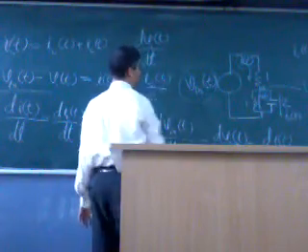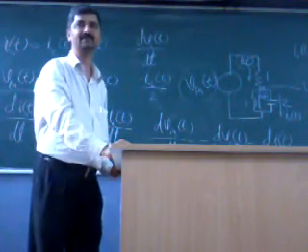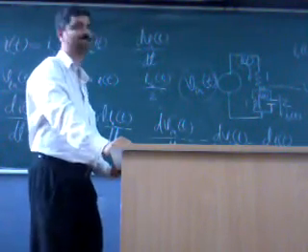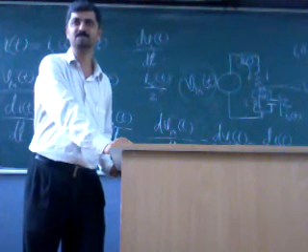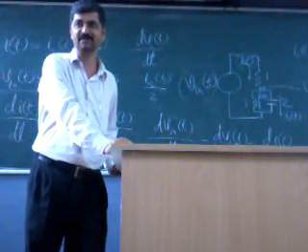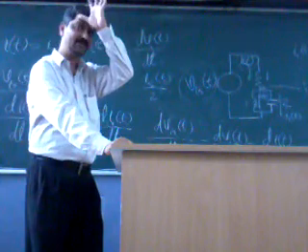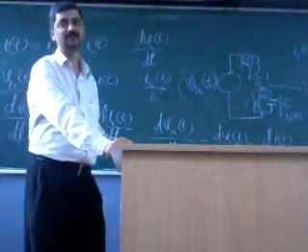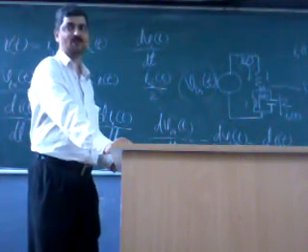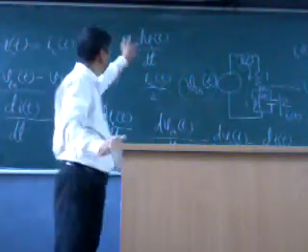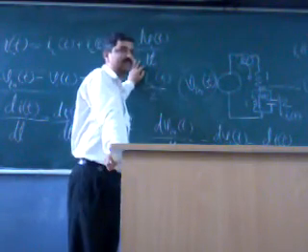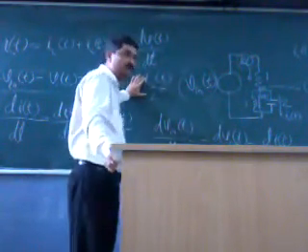And for the inductor, what would it be? dI_L(t) by dt. So dV1(t) upon dt must be I_C(t) upon 2.